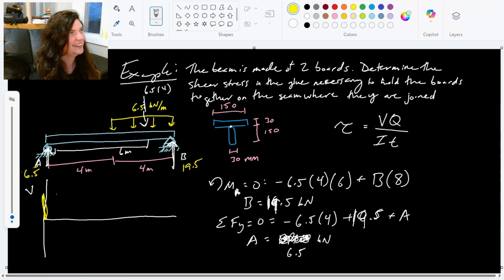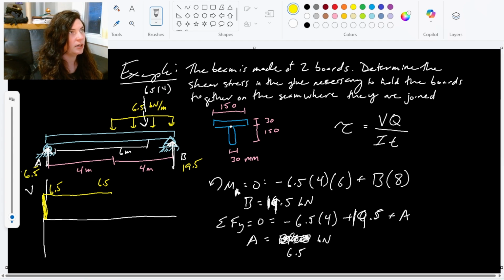Anyways, we're going up on our shear diagram by 6.5, because of this 6.5 force pushing our shear up. And then there's no loading for this 4 meters, so we go 4 meters straight across at 6.5, and then we go down 6.5 kilonewtons per meter for 4 meters.